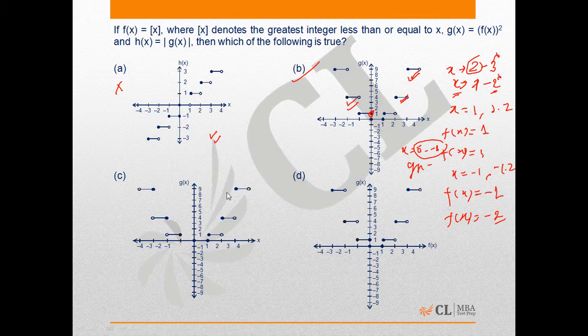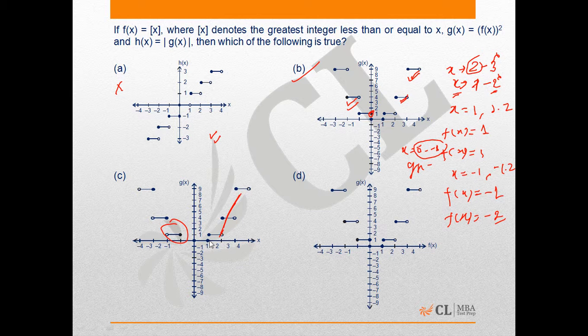In option C, if we look at the graph, then we can say that in the first quadrant it matches exactly what it is in option B, but the same does not hold true for the second quadrant.